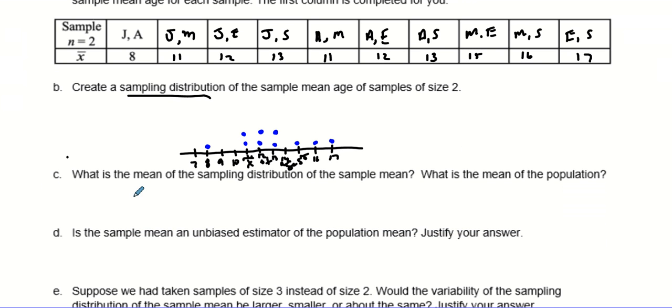And in doing this, what is the mean of the sampling distribution of the sample mean?